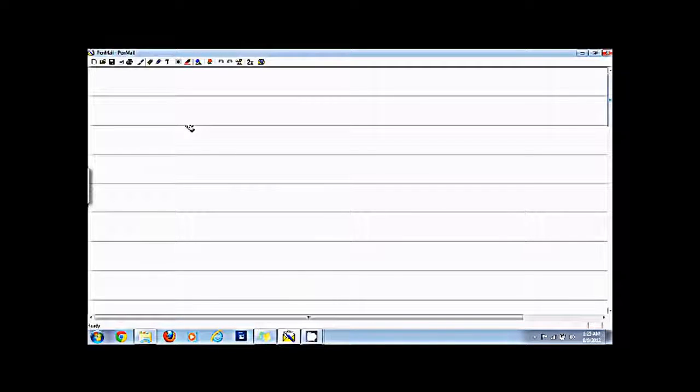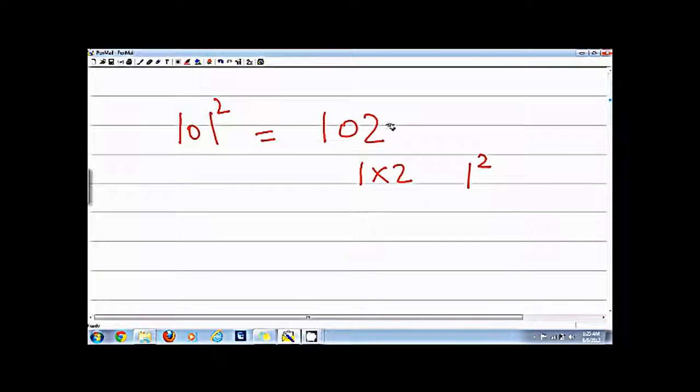For example, if I have to take the square of 101, I'll write 1 and then multiply 1 by 2. This 1 comes from here, so that will be 2. So I'll write 102 and then take the square of 1, which is 1. So I'll write 10201.